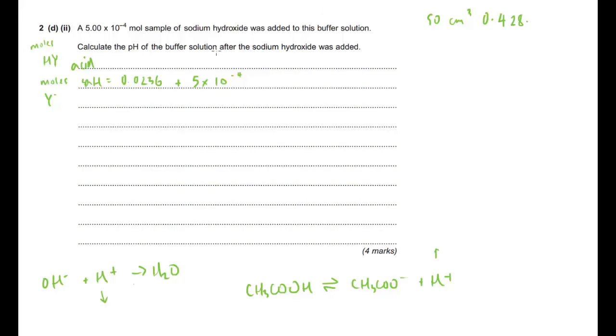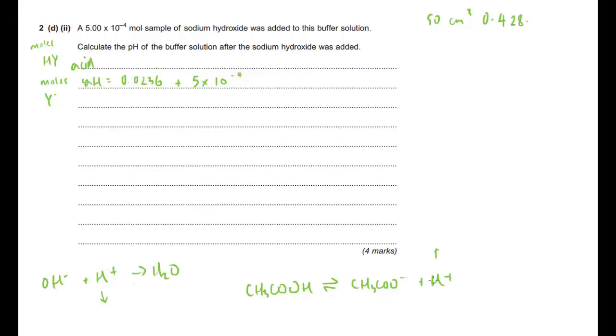Go through that once more. I add the sodium hydroxide, which has a molar value of 5 times 10 to the minus 4. That means it's going to react. So 5 times 10 to the minus 4 of this is going to react with 5 times 10 to the minus 4 of this. It's a 1-to-1 reaction.